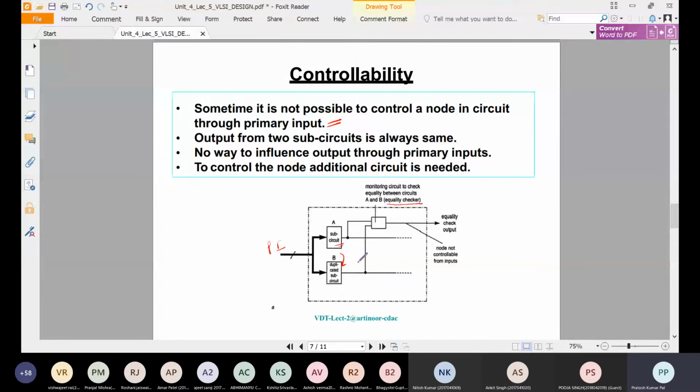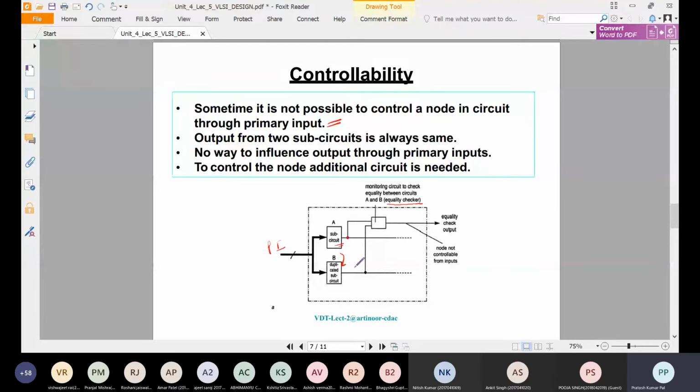These inputs can have the same value, and with respect to a particular input the output will be the same, but we can say there is no way to influence the output through the primary input. Whatever inputs are there will not affect the final output.